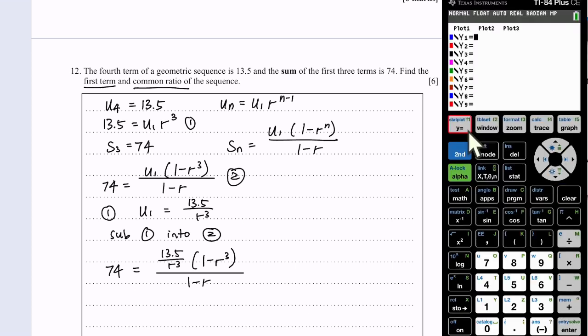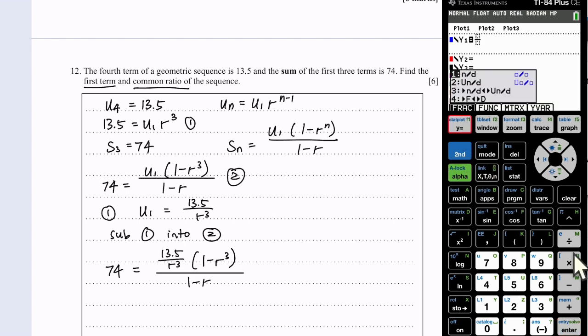Okay, so I'm going to go ahead and go into my y equals screen, and I will just enter the right-hand side into y1. So I've got here a fraction within a fraction. 13.5 over, so instead of r, I'm going to use x cubed times 1 minus x to the power of 3.